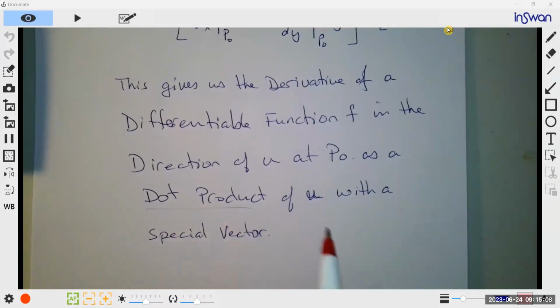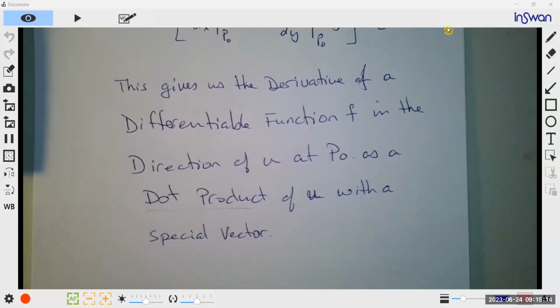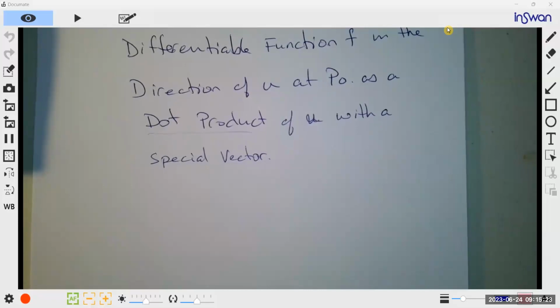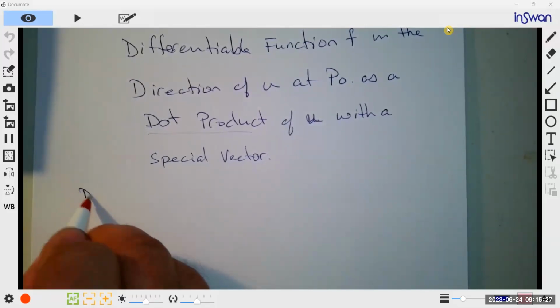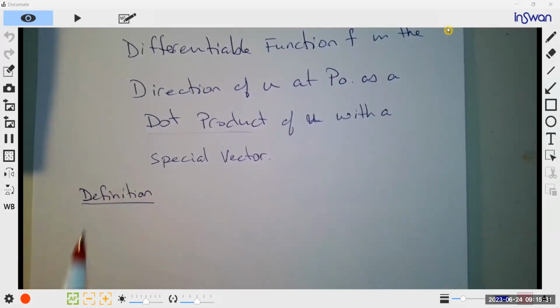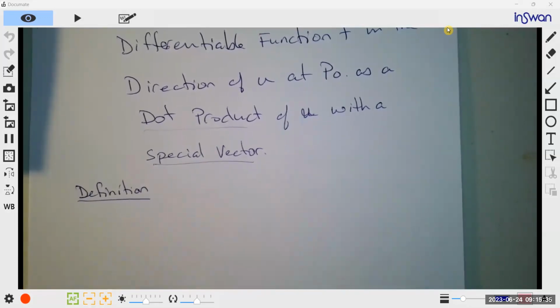Remember, whenever we get dot products, we always get scalars. All it is is the product of the i components plus the product of the j components plus the product of the k components, added together, and it'll give you the dot product. Okay, the special vector is called the gradient vector.